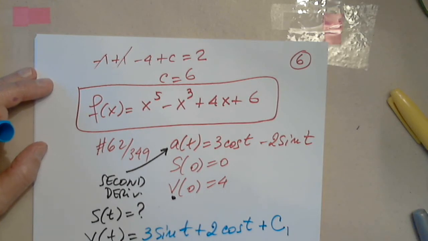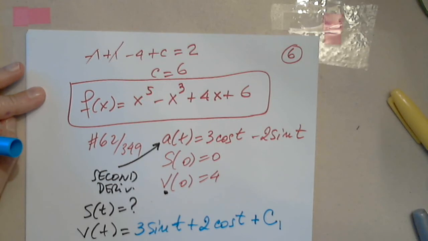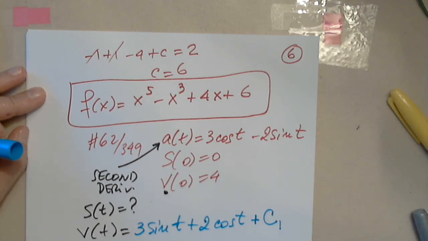I'm going to call it c1. You'll see in a moment why. Let's check. 3 sine t prime is 3 cosine t. Positive 2 cosine t prime is negative 2 sine t. c1 prime is a constant, is 0.